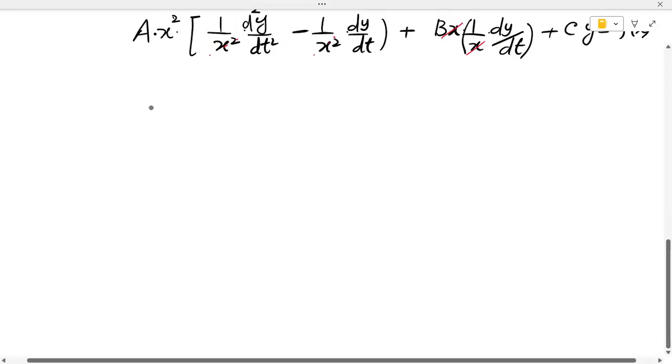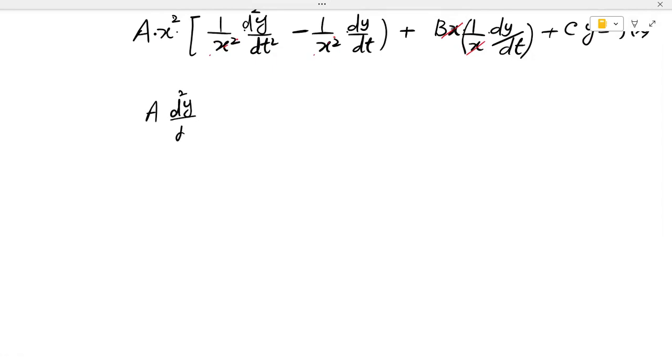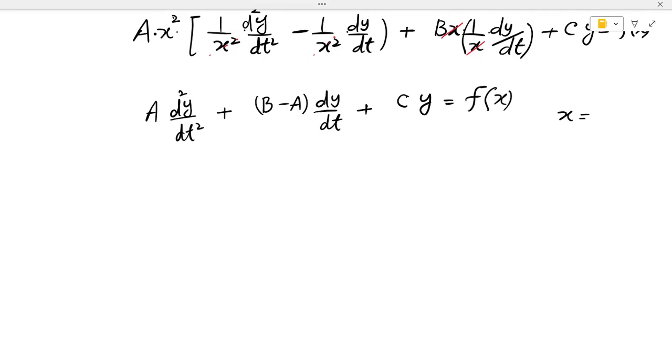So here a d2y dt squared, and these will be collected, and it will form b minus a dy dt plus c times y, and it is equal to f of x, or well, we have the form with the substitution x equal to e raised to the power t.